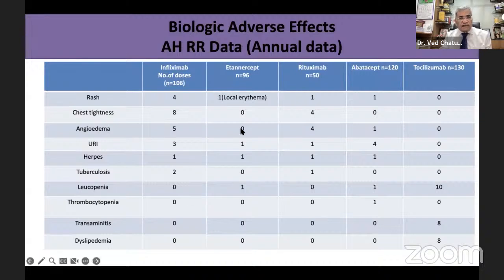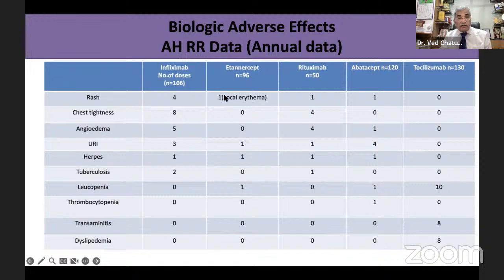So this is the data of these biologic drugs when we used them very early in this country when nobody was using them. We used infliximab in more than 100 patients, and this is another drug which was used, etanercept. There are two anti-TNF drugs, and in about 100 patients, you can imagine, hardly any side effect, very few side effects.